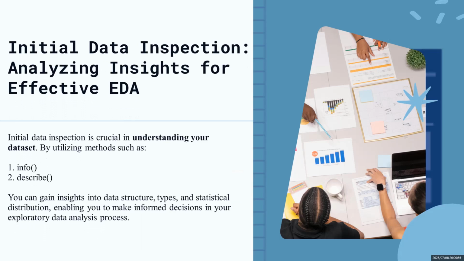You could also check with both methods. Using those methods, you'll be able to gain insight into data structures, the types, and the statistical distribution, enabling you to make informed decisions in your EDA process.